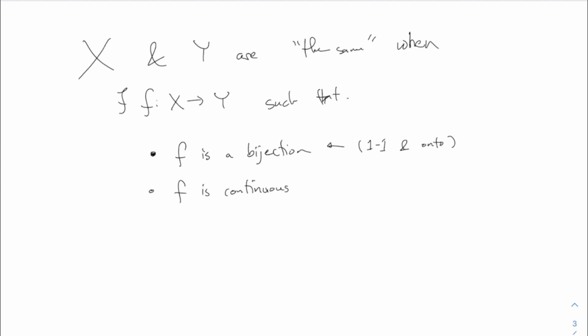Some language that is sometimes used for those things is that it is injective and surjective. Injective means one-to-one. Surjective means onto. I will probably usually say one-to-one and onto. All right. If you want to show something is a bijection, you show that it's one-to-one and onto.